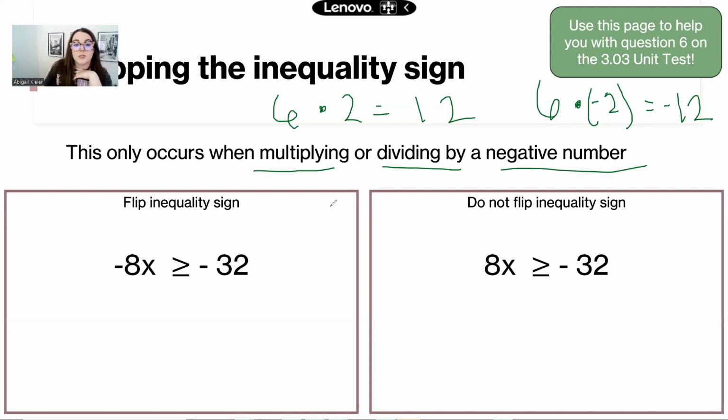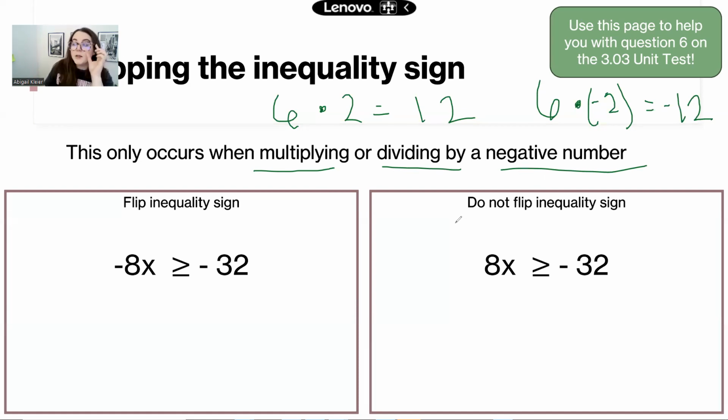So the issue is when we multiply or divide by a negative number, it impacts the outcome of the solution. So in order to counteract that impact from multiplying or dividing by a negative value, we need to flip the sign.